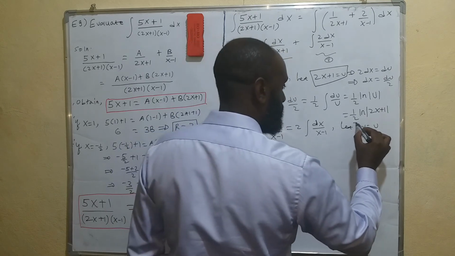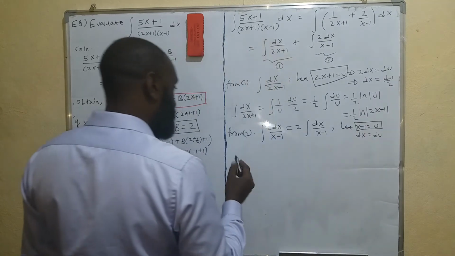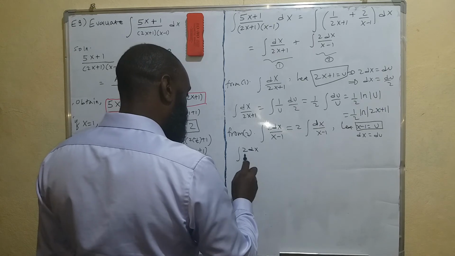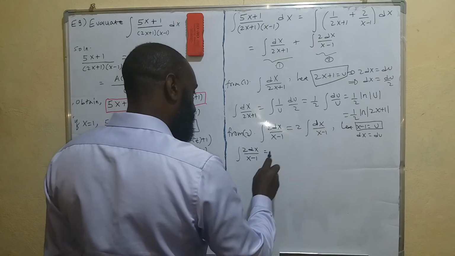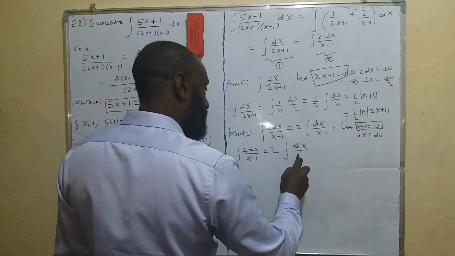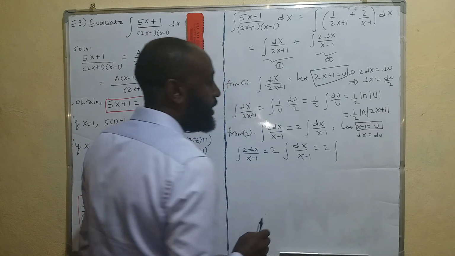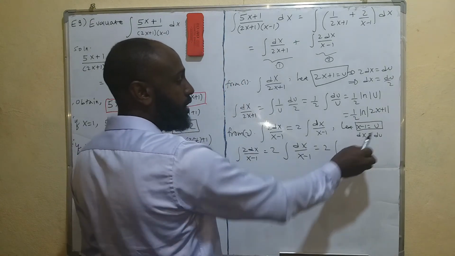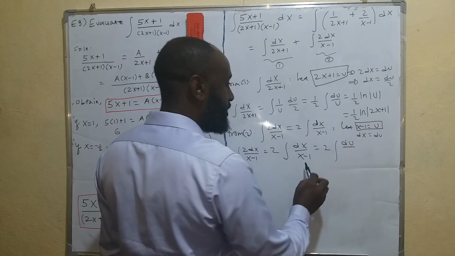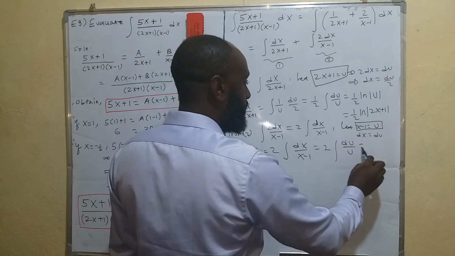Therefore, the integral of 2 dx over x minus 1: 2 is a constant, take it out of the integral. Dx is du, and x minus 1 is u, so du over u.